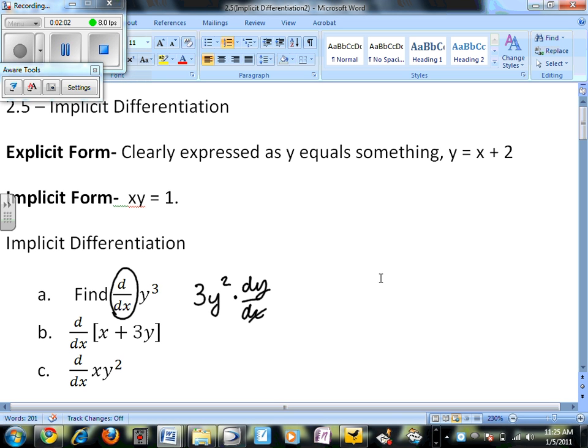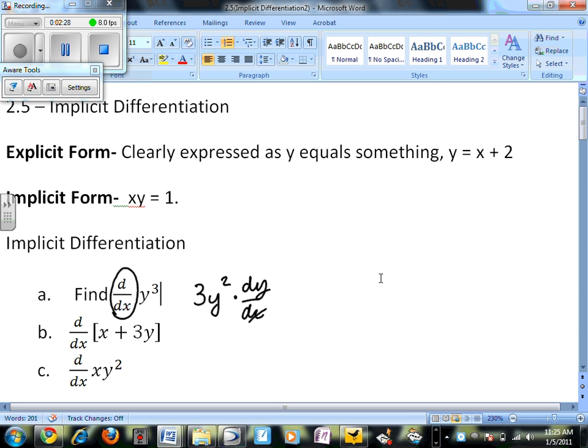I mean, it seems harder, and I have a video from Sal that explains in more detail why that works. But to take the derivative with respect to x for implicit differentiation, we just take the derivative of our y like we regularly would. We bring down our power, subtract 1, and then multiply by dy/dx, because technically we're taking it with respect to x, so we have to do the chain rule.